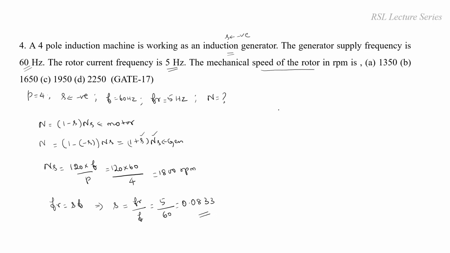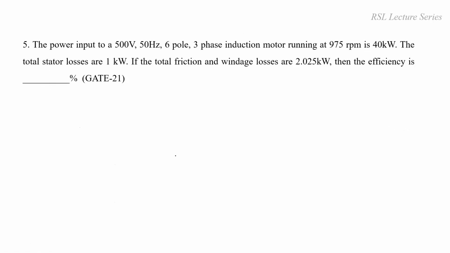Now we substitute in the N equation: N is equal to 1 plus 0.0833 multiplied by 1800, which is equal to 1949.94, approximately 1950 RPM. So this is the answer, option C.